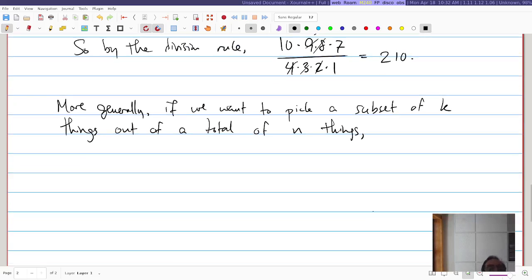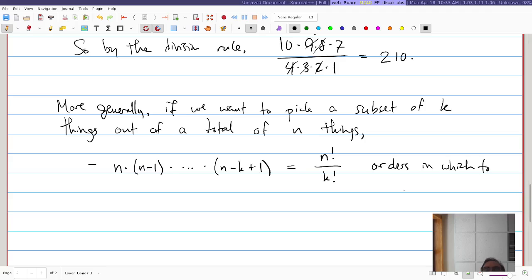So there are n times n minus 1 times dot dot dot times n minus k plus 1, which we could also write as n factorial divided by k factorial. That's the number of orders in which to pick k things.